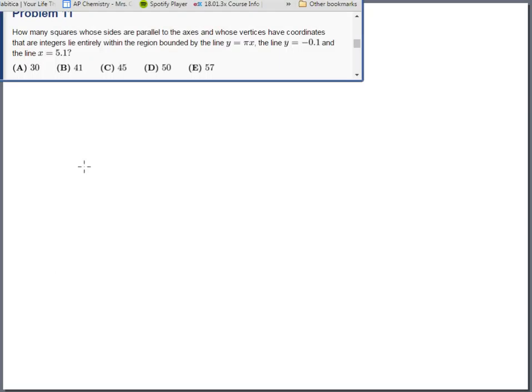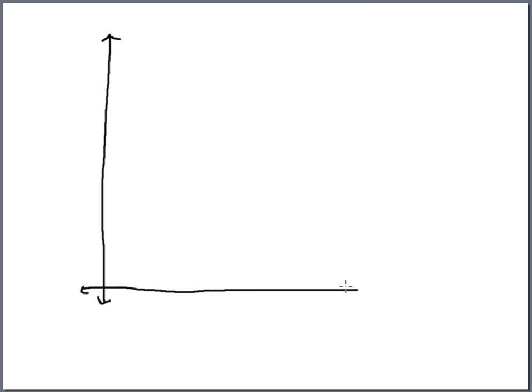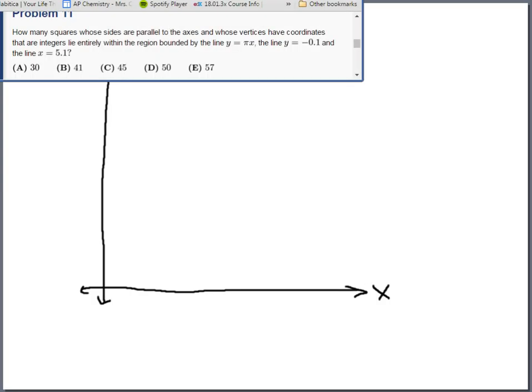On this problem, you're going to want to really draw a nice coordinate system, something really large on the x and y, that gives you a lot of space.